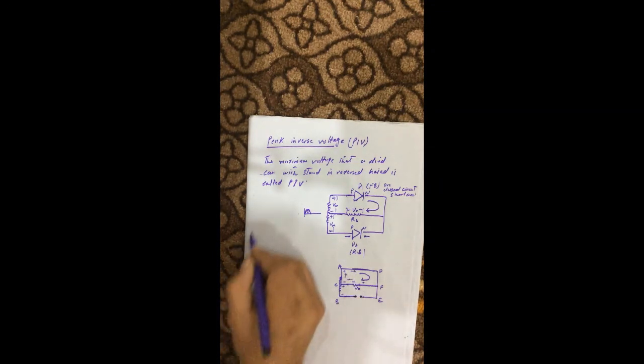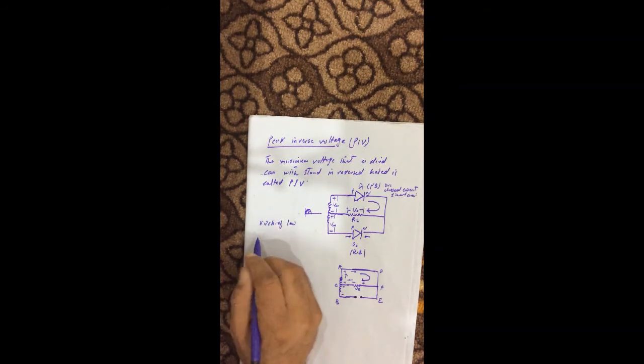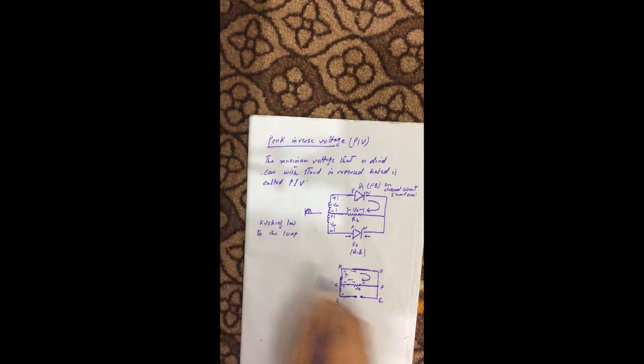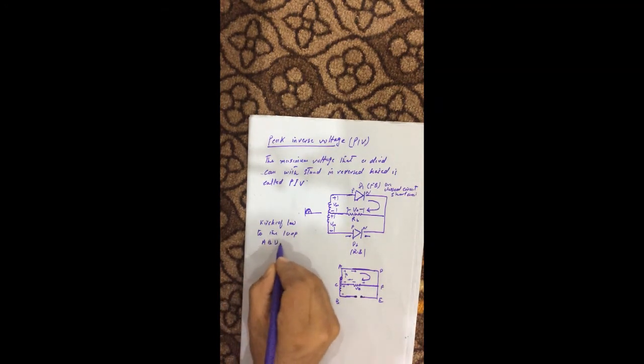Now applying Kirchhoff law to the loop. And the loop is not AB, it is AD, FCA.